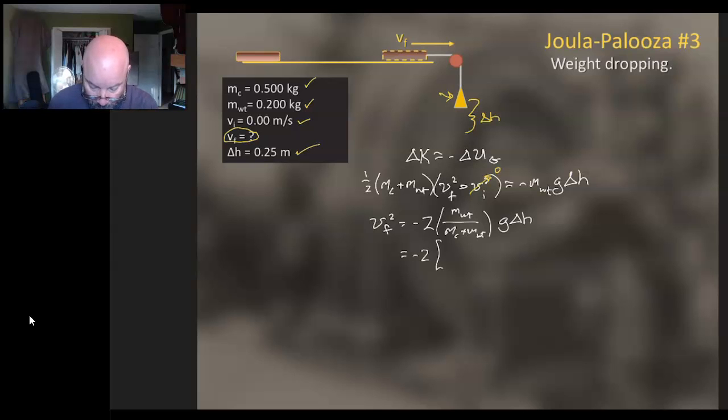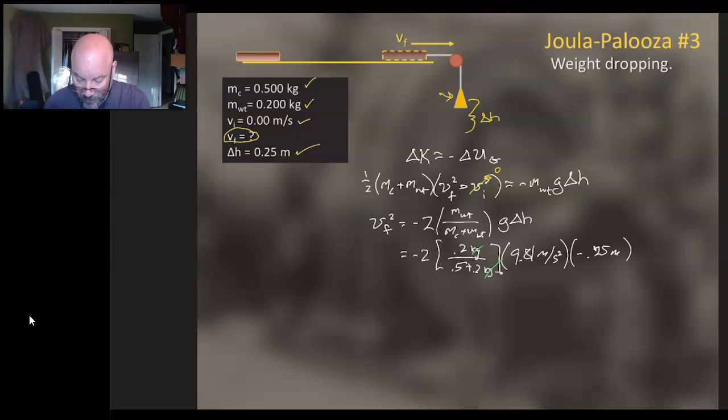Let's get some numbers in here. Minus 2 times 0.2 kilograms over 0.5 plus 0.2, and 9.81 meters per second squared times negative 0.25 meters. Check out our units. Just like we mentioned before, kilograms are going to go away.